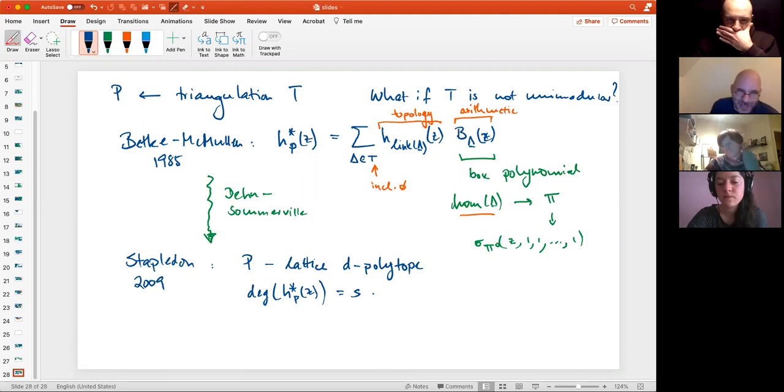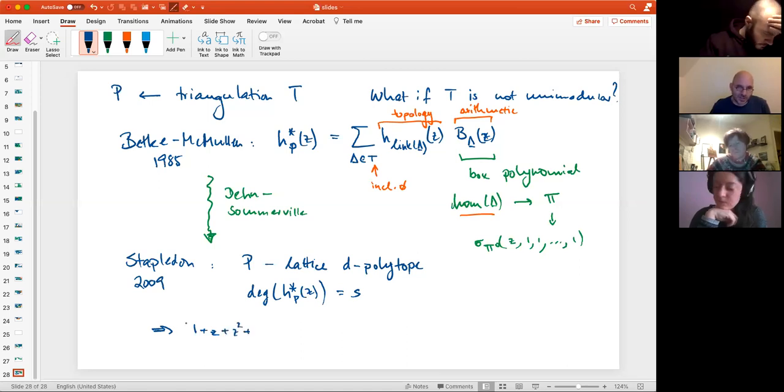And again, you don't need to know h star to know the degree. This has something to do with existence of interior points in your polytope in the first couple of dilates. What Stapledon proved is that you should multiply h star by a finite geometric series so that you actually get a degree d polynomial.